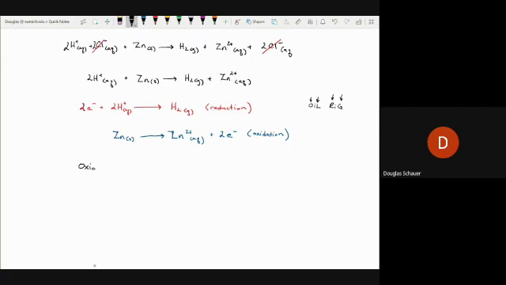Now, oxidation states can be assigned to an atom based upon things like its charge and what it's bound to and all that sort of stuff. Okay, so there's a couple of rules when it comes to assigning oxidation numbers. Okay, first of all, anything in its elemental form has an oxidation number of 0.